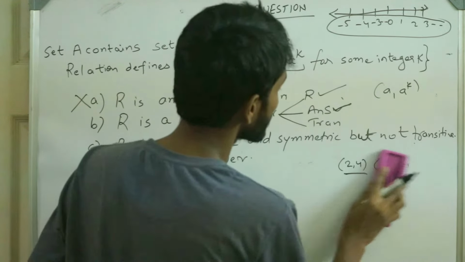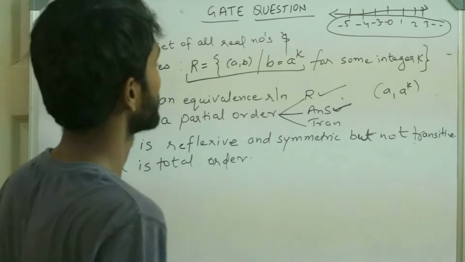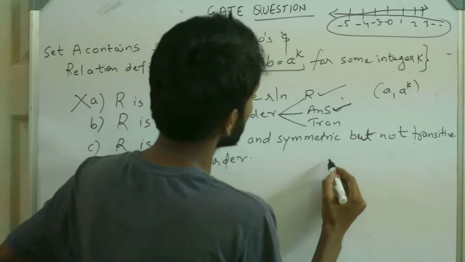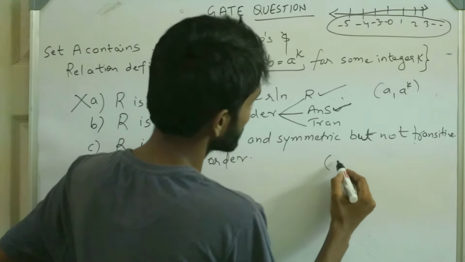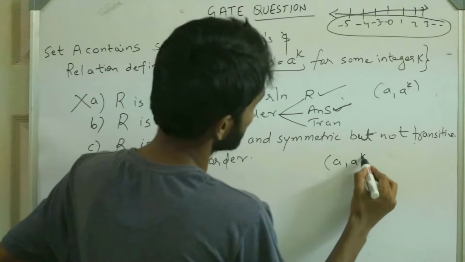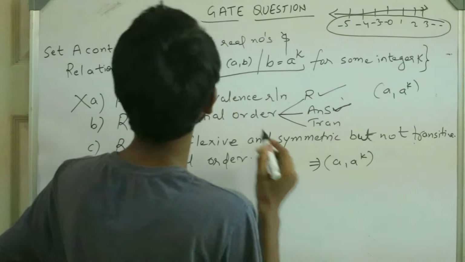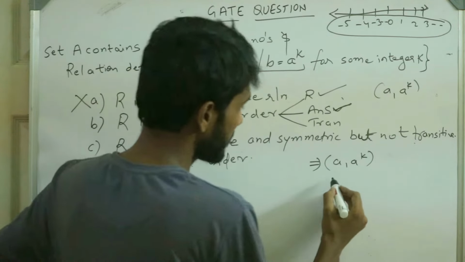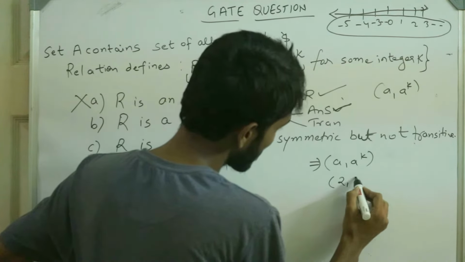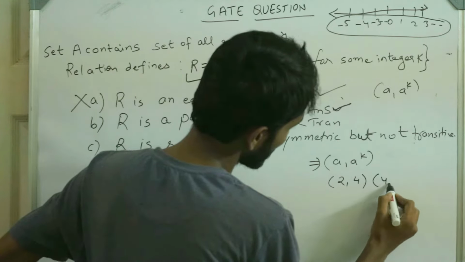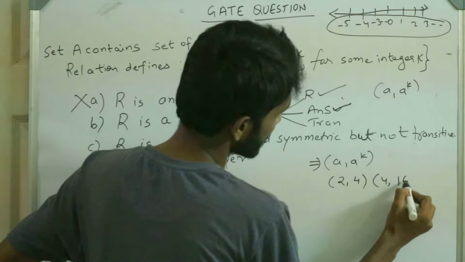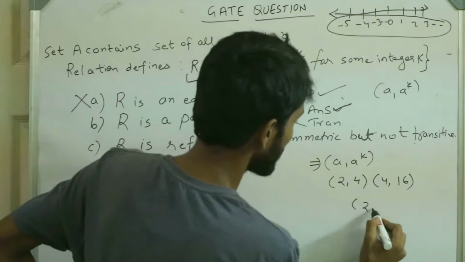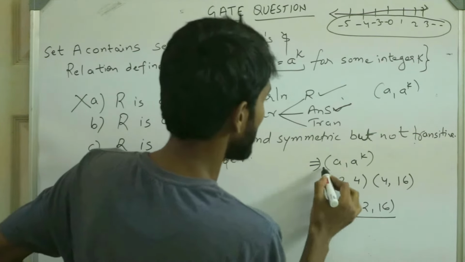Now we have to check transitivity. See how you can check transitivity. Let's suppose this is the definition of the relation given. Transitivity: if (2, 4) and (4, 16), then (2, 16) you can write in this form.